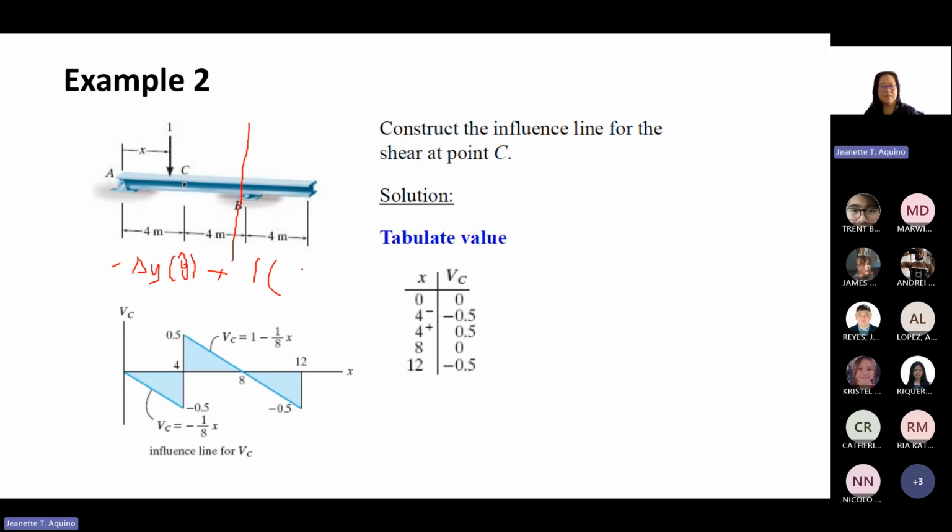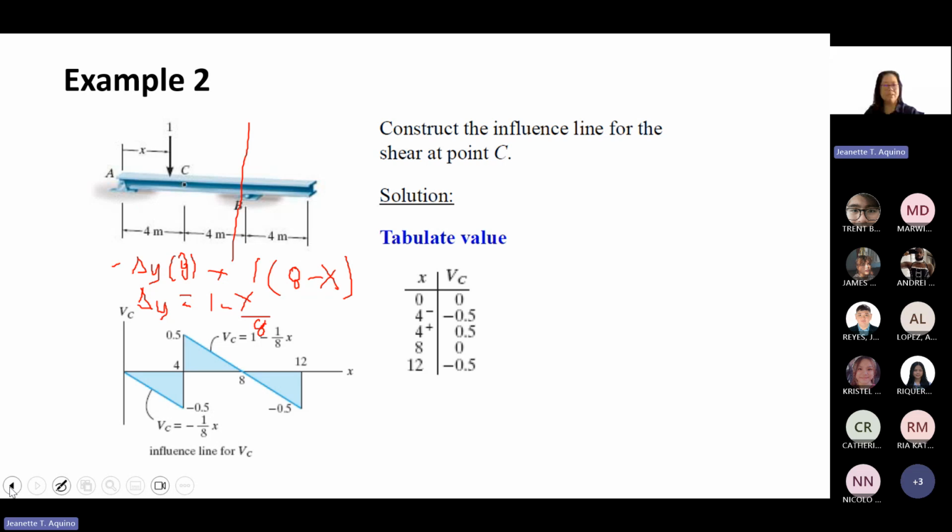So AY will be equal to 8 over 8, which is 1, minus x over 8. So we have resolved AY.